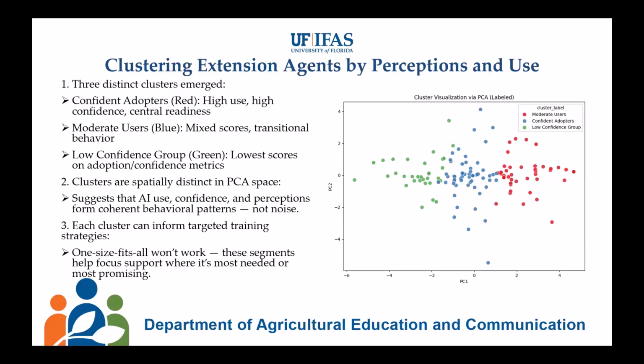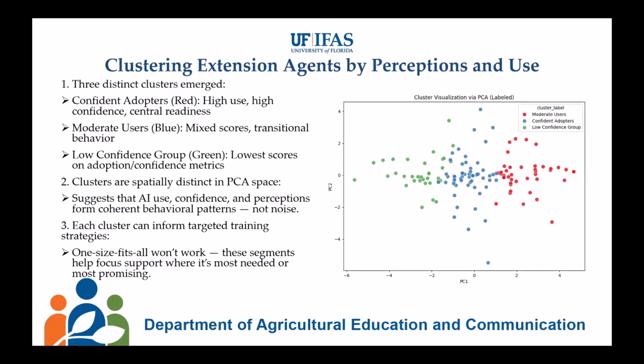In the middle, you can see confident adopters, the highest confidence adopters, that can use AI on a daily basis. And then you can see on the left-hand side, the low confidence groups using AI. So of course you have one outlier on the very left. But we actually have 3 groups.